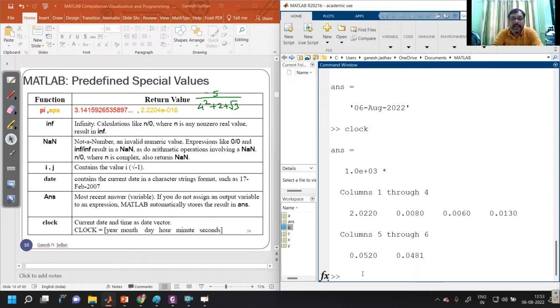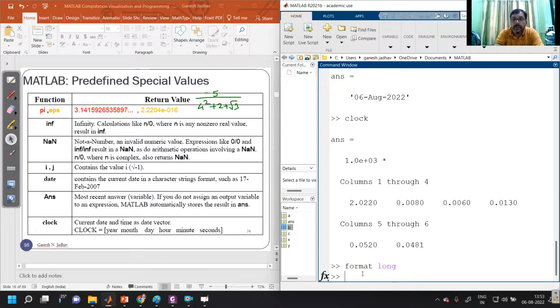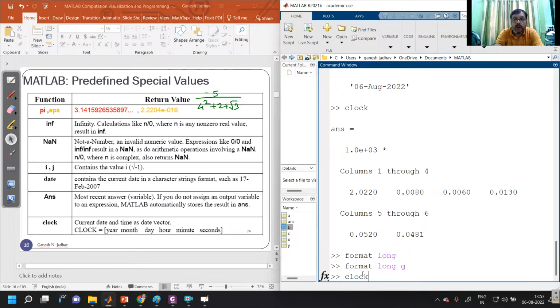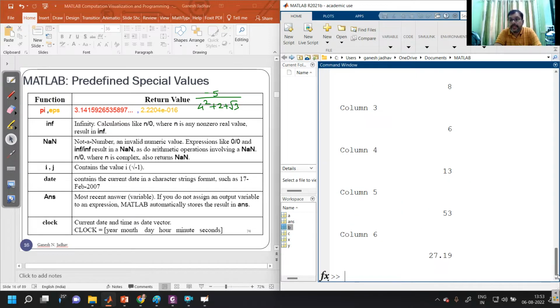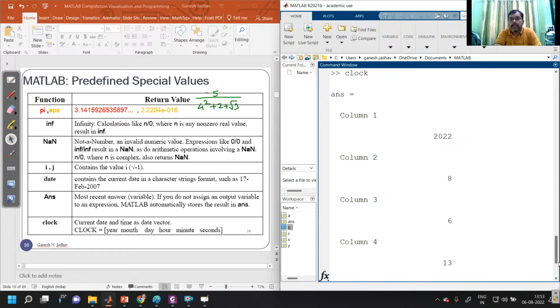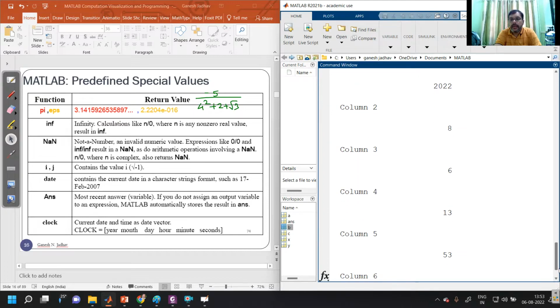We will try the format long G, and then we will try clock. See, now it will display the correct value. 2022 is the year, then month, then date, then hours, then minutes and seconds. So that value will be displayed like this. So these are some of the predefined values which are available in MATLAB.